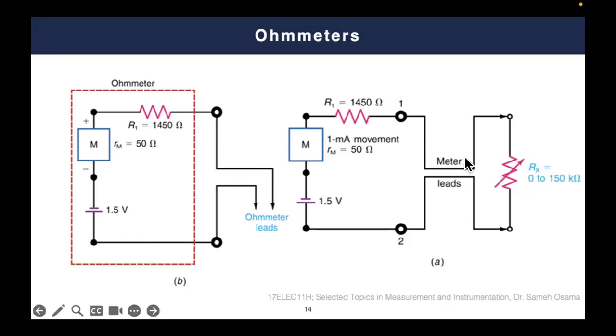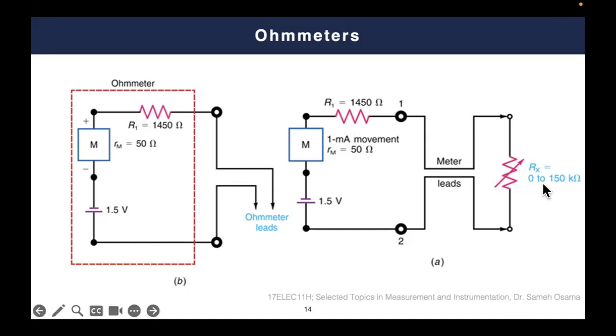So here, you already know that you have an internal resistance of 1.5K, which is a very important point, that here the loading effect is minimum because we already do the active measurement, and this is one of the advantages of the active measurement. We know the internal resistance. We know that we have a 1.5K already in our meter.